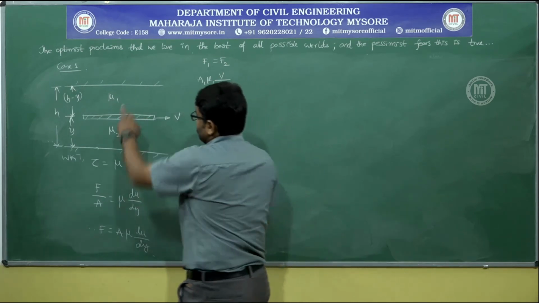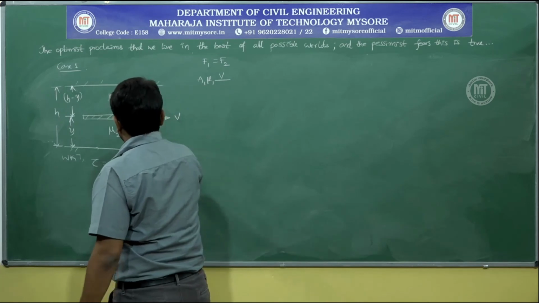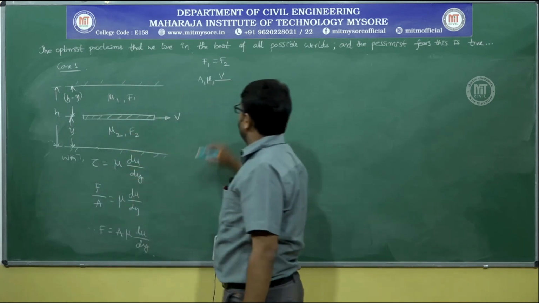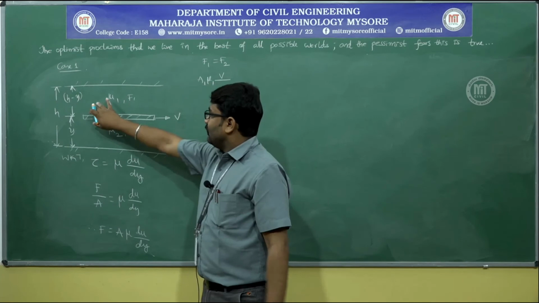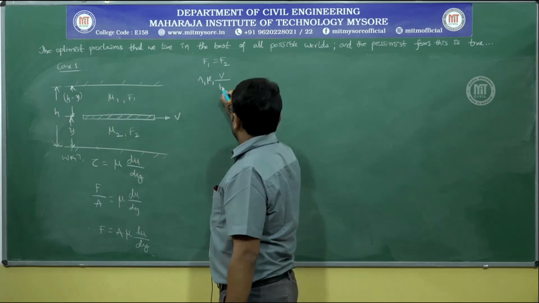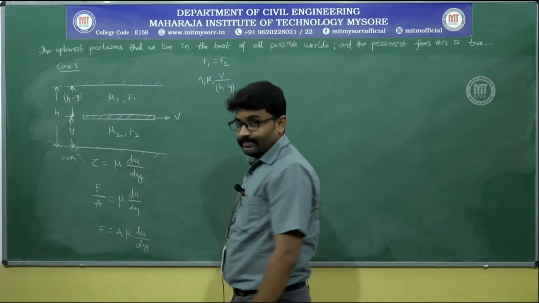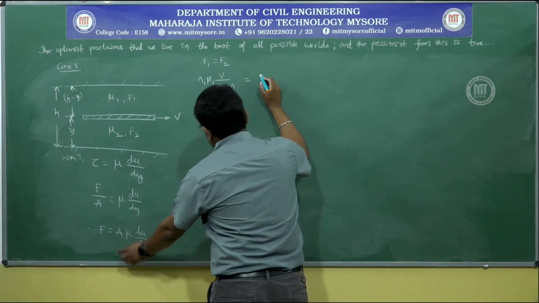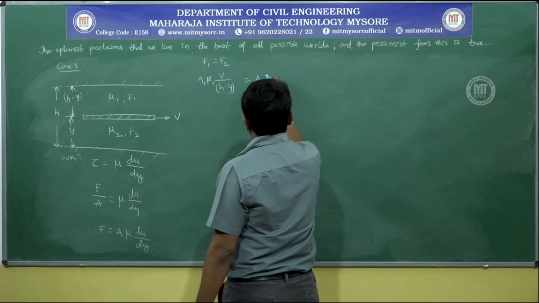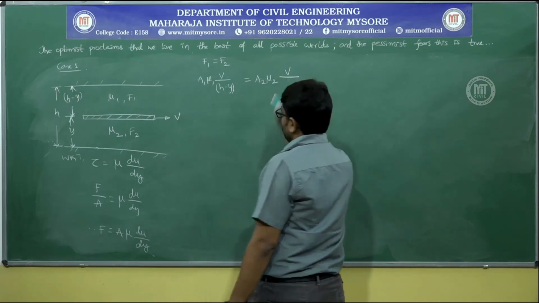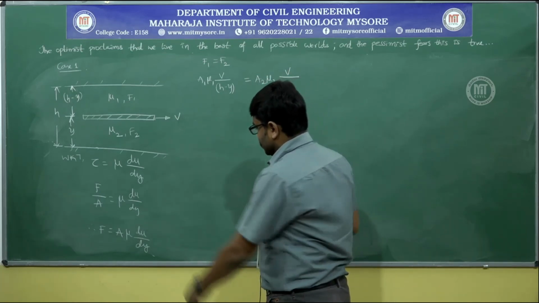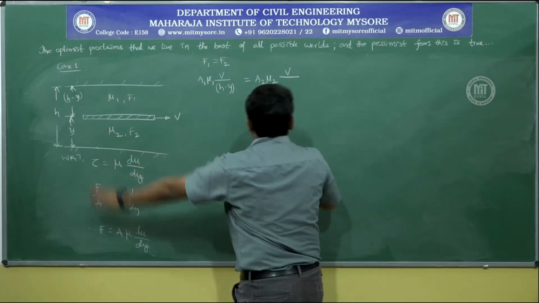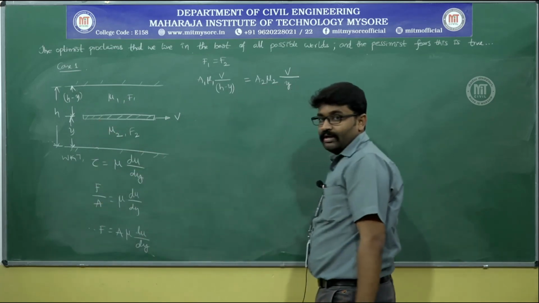If this is to be taken as F1 and this is to be taken as F2, what is dy now? On the upper side you have h minus y. This must be equal to F2. If you replace F2 here, A2 mu2, velocity is not going to change, and dy is nothing but y.